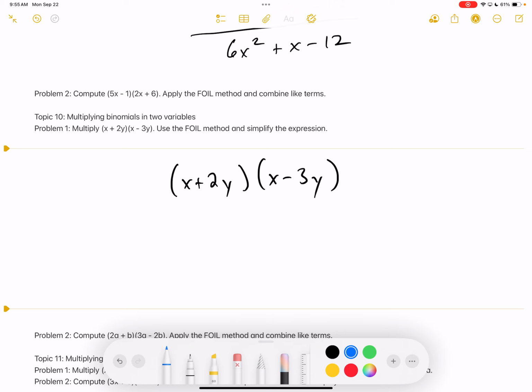So this one is a foiling topic with an x and a y, but everything's the same. X times x, that's my f, so x squared. That's the first. And then outer, x times negative 3y would be negative 3xy. My inner, 2y times x would be positive 2xy.